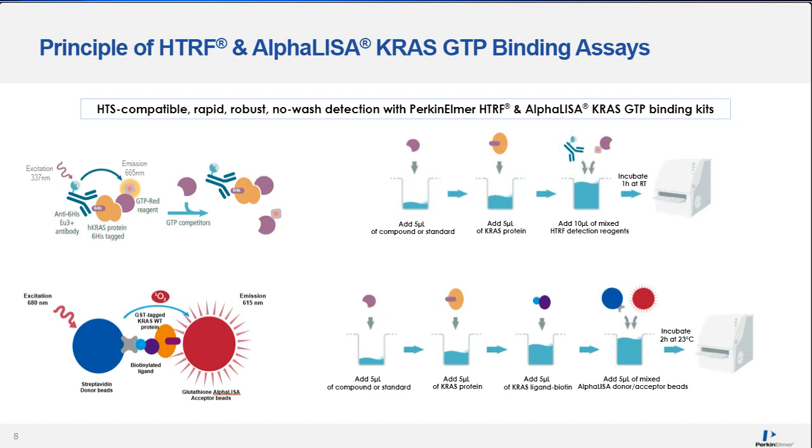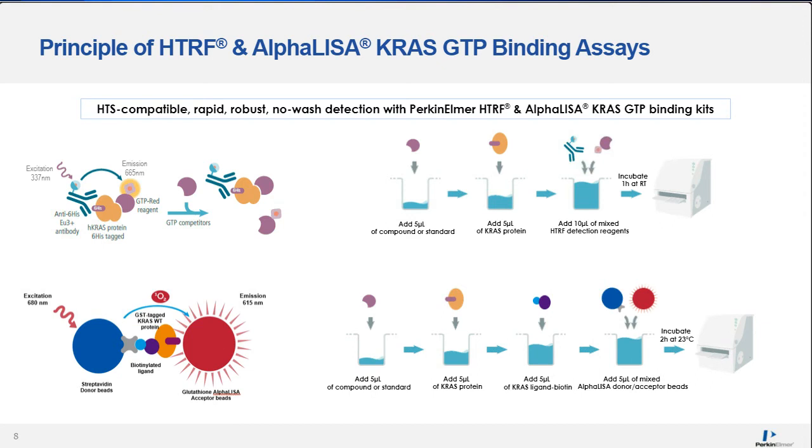Available in both AlphaLISA and HTRF technologies like the KRAS SOS1 kits, these kits come with detection reagents, assay buffers, recombinant proteins, which are also tagged, and optimized assay protocol to perform the assays with no optimization necessary, and robust validations with nucleotides of reference to compete the GTP on KRAS wild-type and KRAS G12C.